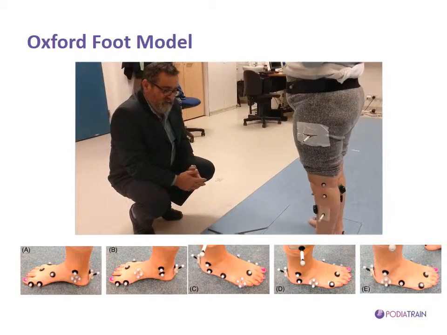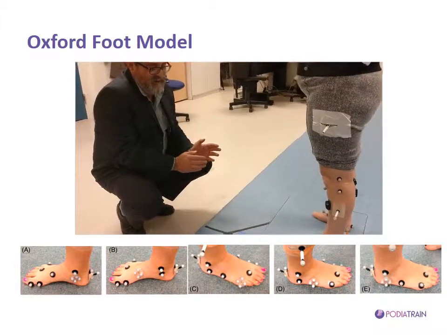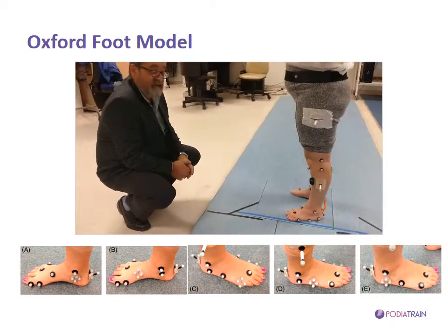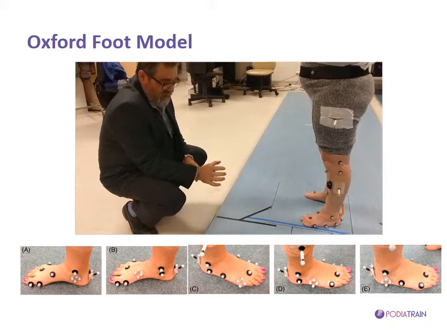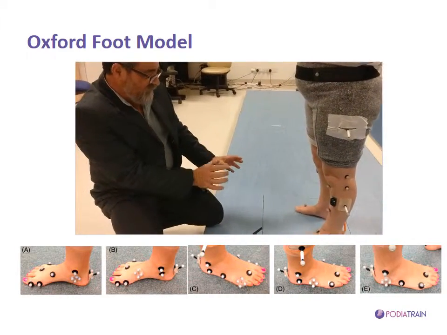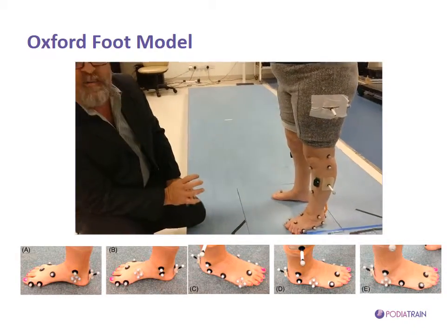A model that represents foot motion much better than the plug-in gait model or the conventional gait model is known as the Oxford foot model. As one can see, when comparing one foot with the plug-in gait to the other foot with the Oxford foot model, in the latter model there are many more markers.